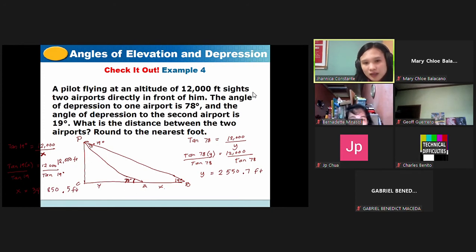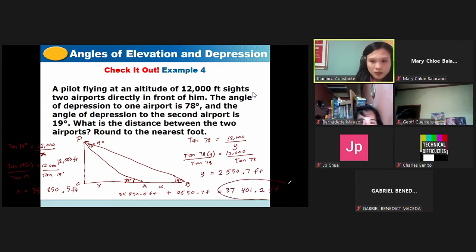So the total distance of the plane to both of the airports in the problem is 34,850.5 feet plus 2,550.70 feet, which is equal to 37,401.2 feet.